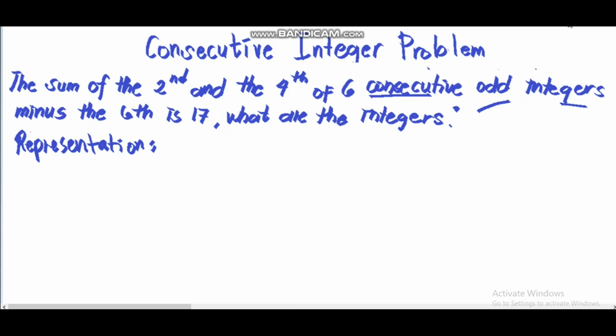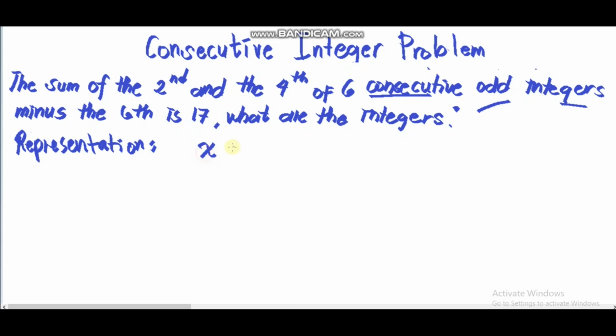To solve this one, we need to have our representation first. And we know that representing consecutive integers is just x plus 1, x plus 2, x plus 3, and so on. And if it's even, it's x plus 2, x plus 4, x plus 6, and so on. Now, what if it's odd consecutive integers?